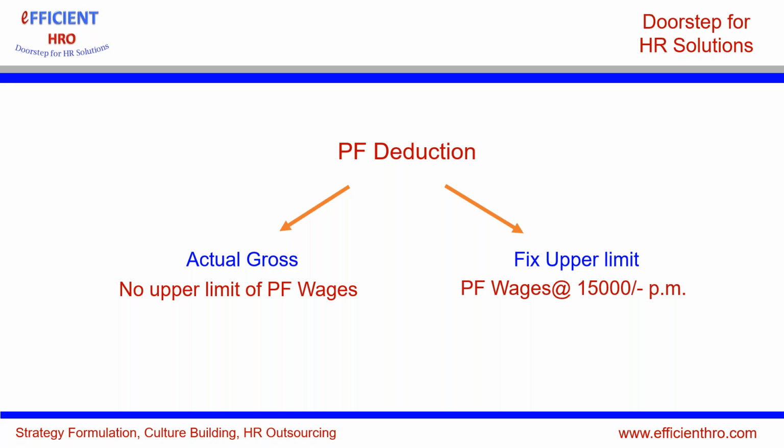If it is actual gross, then the employee share and employer share will get deducted as per the actual gross method. And if the organization opts for the fixed upper limit option, then the employee share and employer share will deduct the PF considering the upper ceiling limit of 15,000.